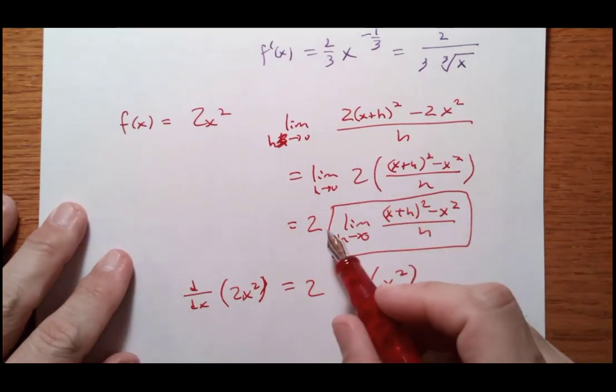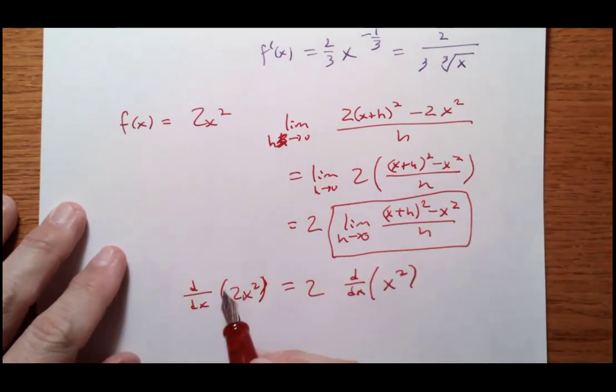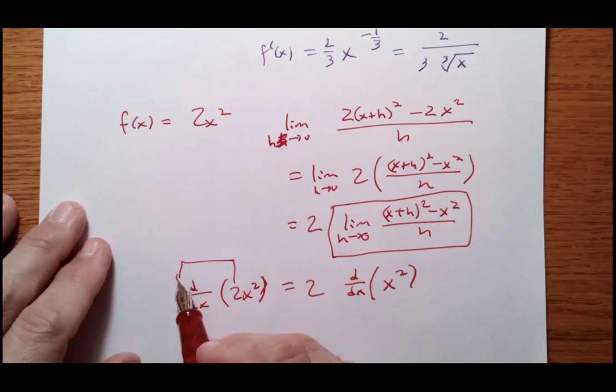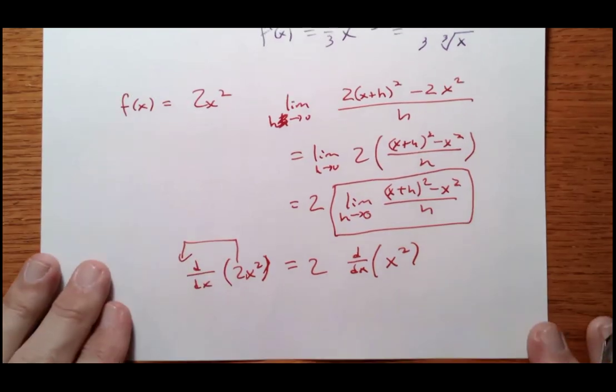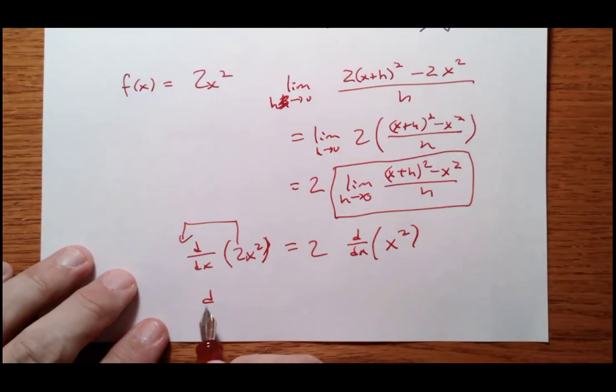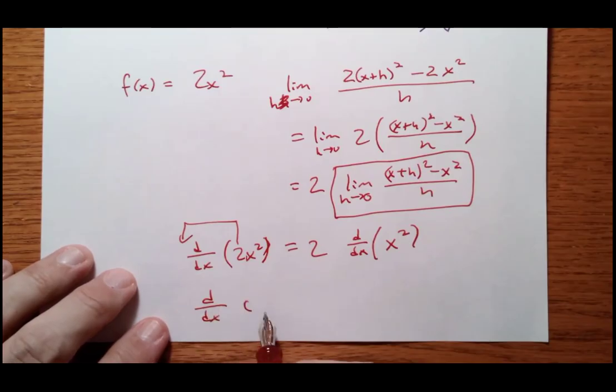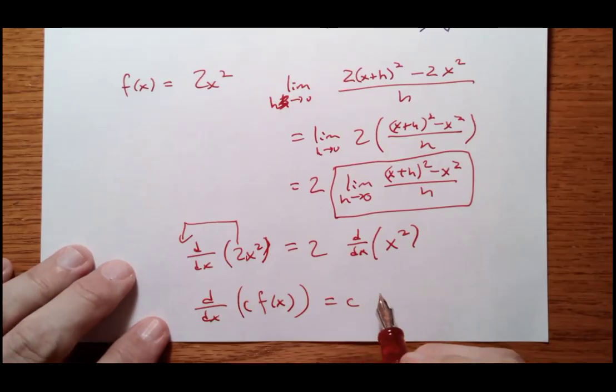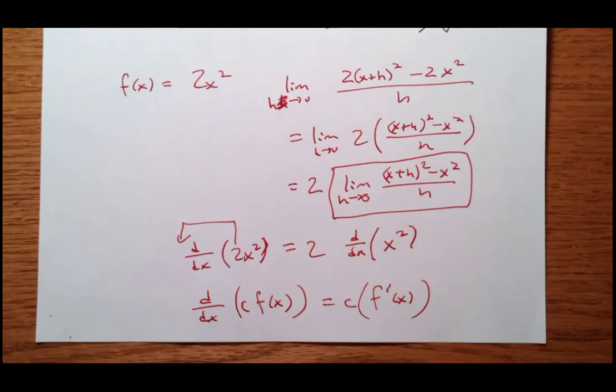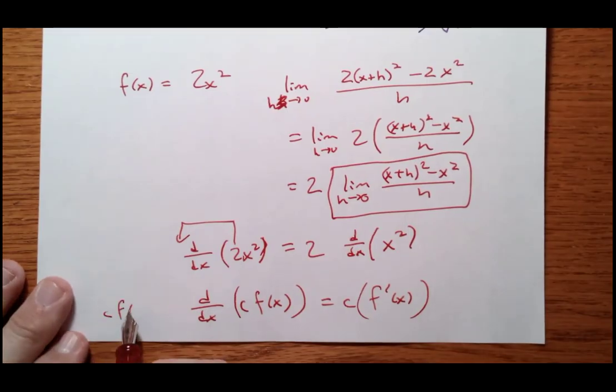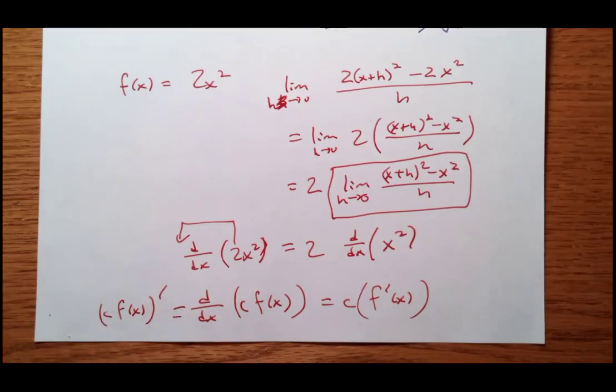Just like with a limit, the constant coming out, when I'm doing a derivative, the constant comes out. The derivative of c times f of x is c times f prime of x. Sometimes you'll see this written as c f of x all prime. I really don't like that notation very much. That's why I've been switching.